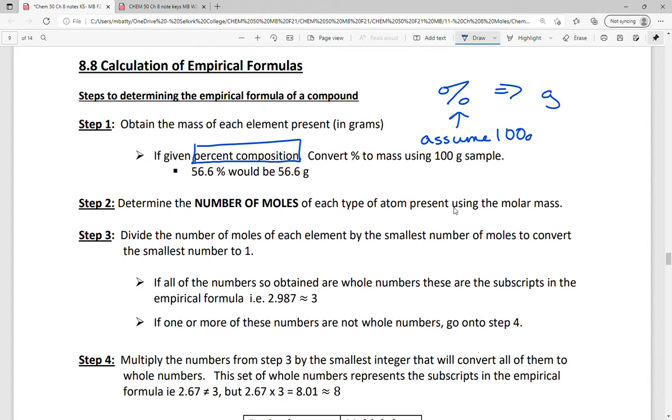Oftentimes in my work, I'll cross out the percent and write a gram. After we've got it in grams, we can convert from grams to the number of moles using molar mass. After that, we're going to figure out the whole number ratio between the different elements. So you're going to take the number of moles you figure out and divide each one by the very smallest one in the list.